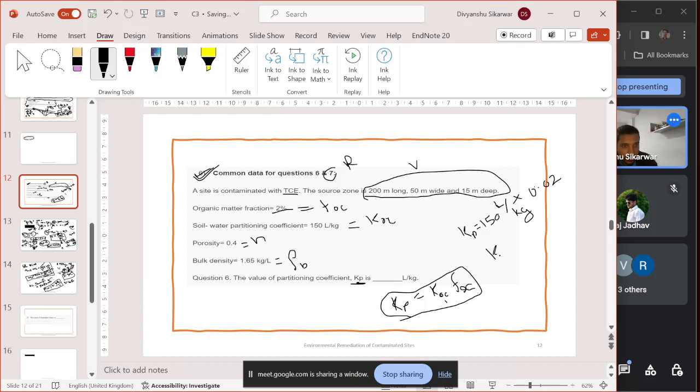What will be the Kp value? Can someone solve? Can someone tell the Kp value? Kp value will be 3 liters per kg.